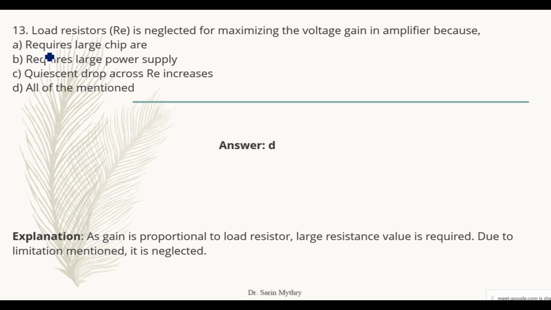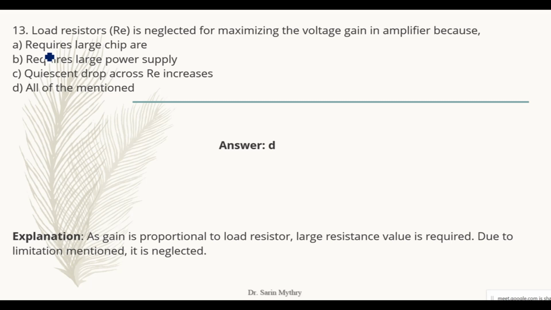As the gain is proportional to the load resistor, a large resistor value is required to have a higher gain. We know that if gain is more, the efficiency of the amplifier will be more. But we cannot go on putting large resistors on the ICs, as the size of ICs is very small nowadays.